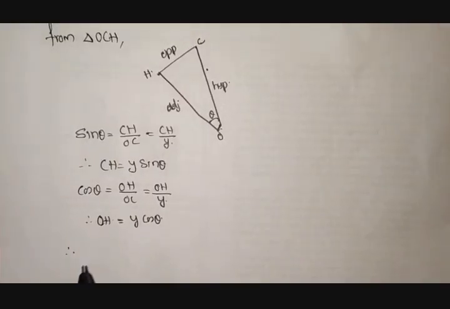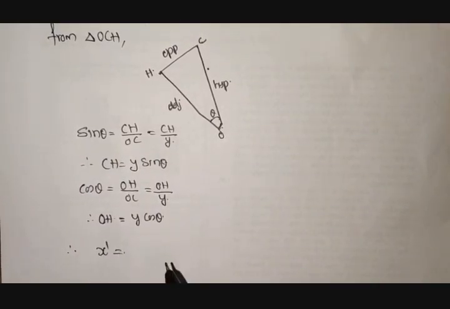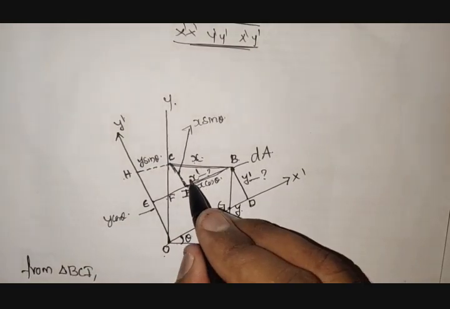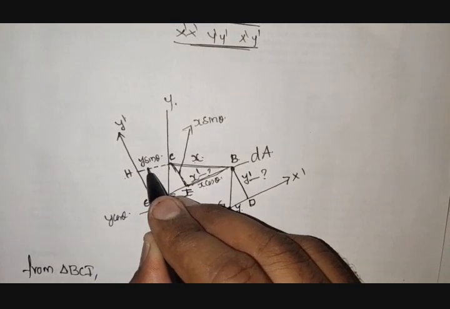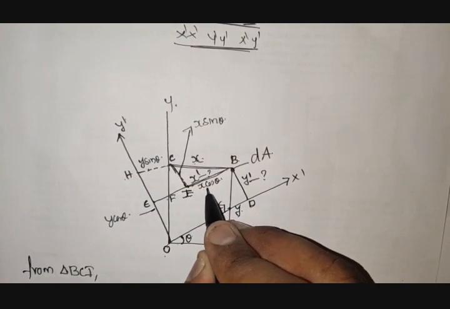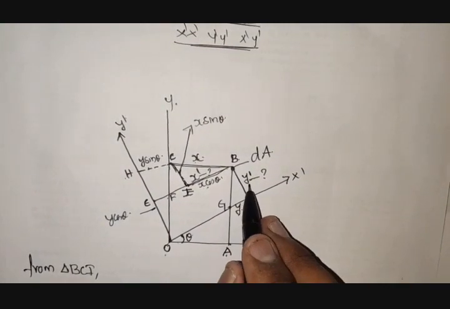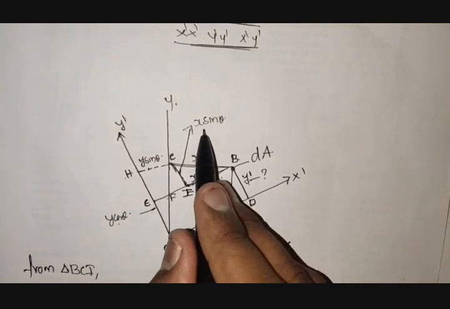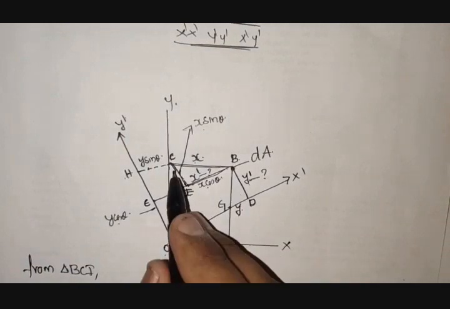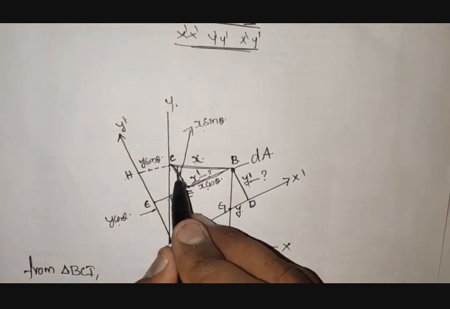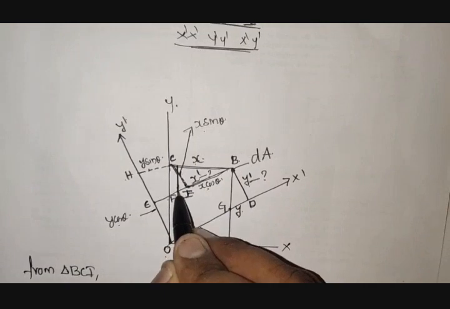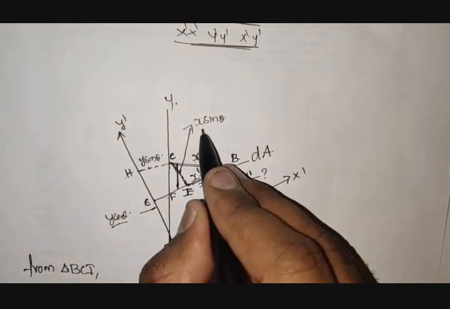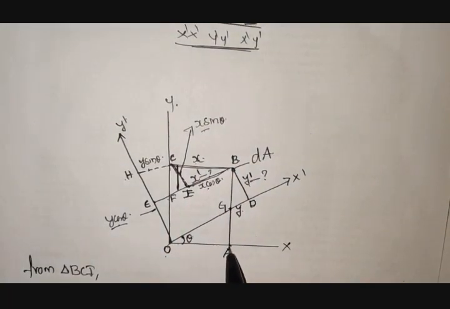Therefore X dash is equal to, which are lying in the X plane, Y sin theta plus X cos theta. Next, Y dash is nothing but Y cos theta minus X sin theta. If you neglect Y sin theta, X sin theta, and take Y cos theta minus X sin theta, then only the value of Y we are going to get.